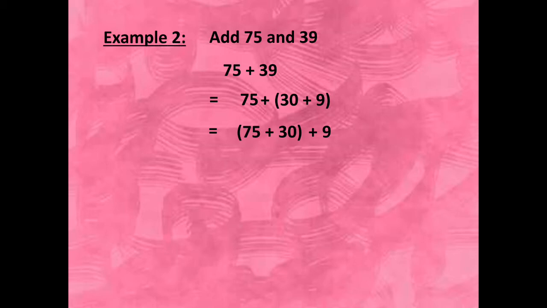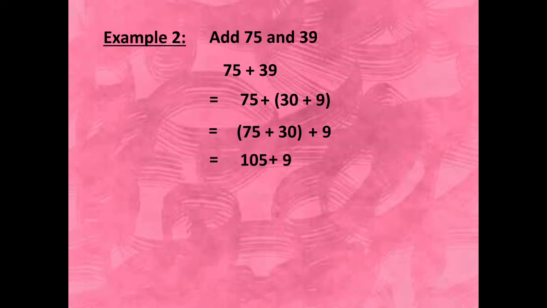Now we will take 75 plus 30, we have to add it. So 5 plus 0 is equal to 5, then 7 plus 3 is 10. So what is the answer? 105.